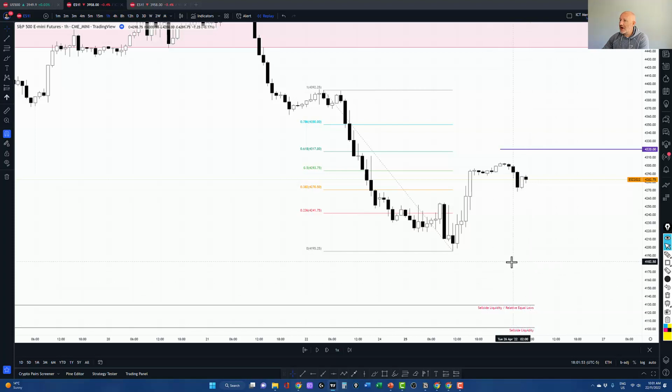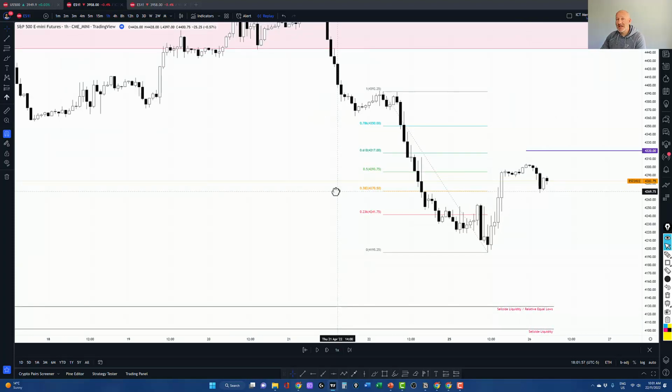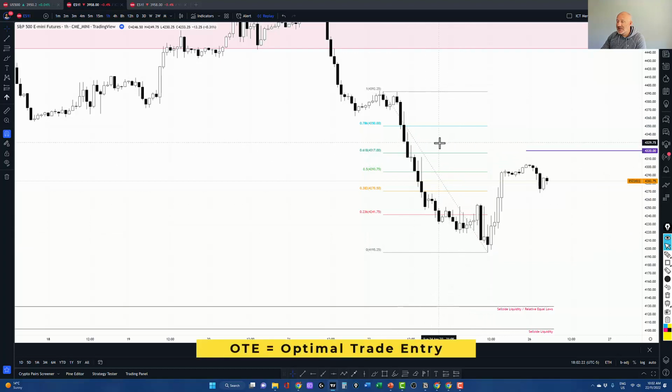Now, what ICT talks about in lesson 21 is that we had this big move, and then we had a bit of a retracement, and what he was expecting was for the market to trade back up to this 43.20 level. And the reason why he was expecting that is if you take your fib and you run it from the high of this move to the low of this move, then you get this sort of OTE type setup that he talks about in some of his other videos.